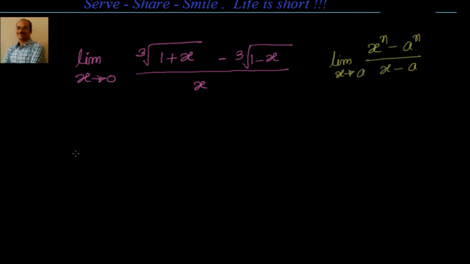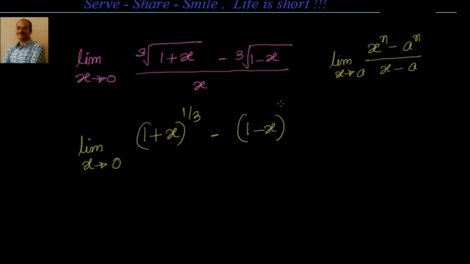So we'll just rewrite this and say limit x tends to 0. Can I say this as 1 plus x whole to the power of 1 by 3 minus 1 minus x whole to the power of 1 by 3 by x.